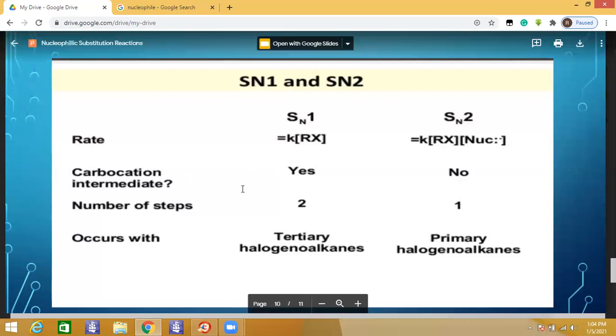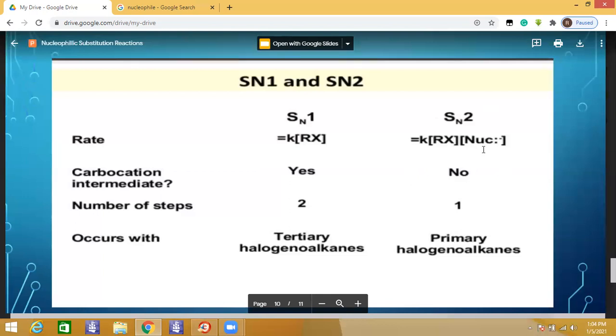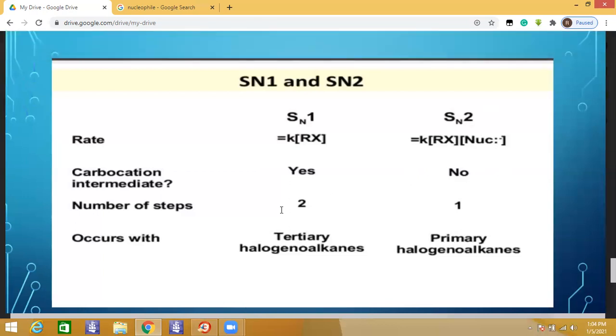So polar solvents most commonly favor SN1, while non-polar solvents favor SN2, and tertiary alkyl halides go through the SN1 mechanism and primary through SN2.